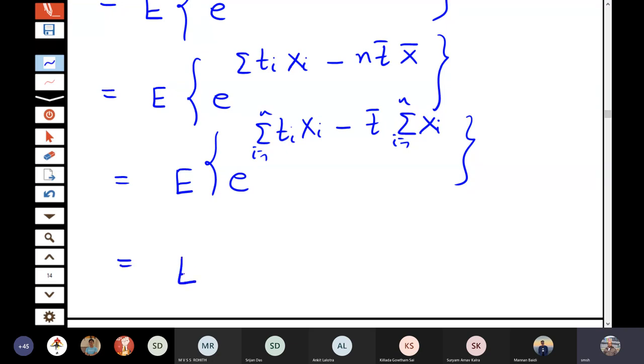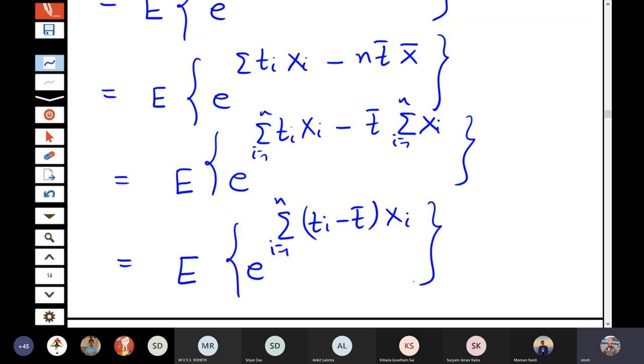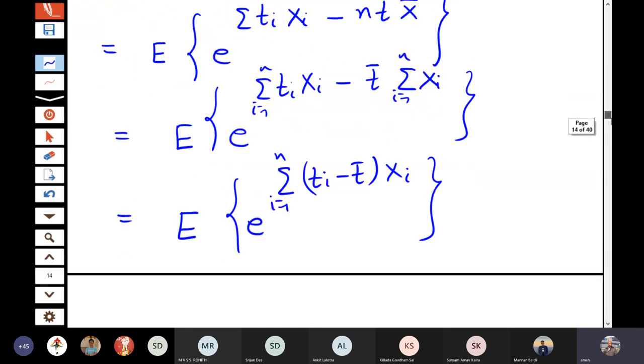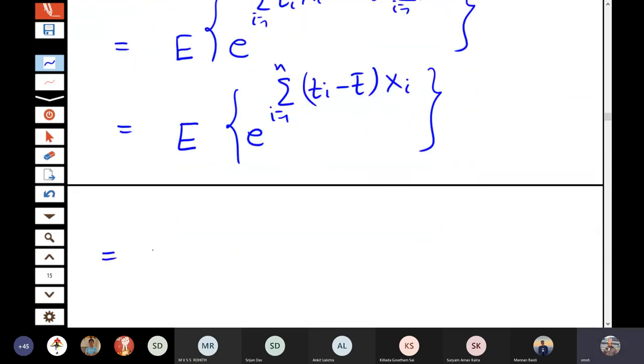So this can then be written as the expectation of e to the power sigma (ti minus t bar) xi, i equals 1 to n.